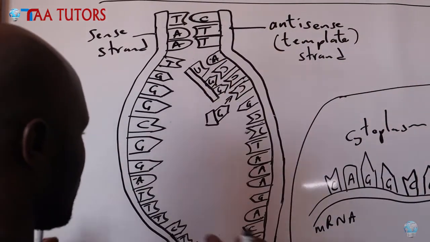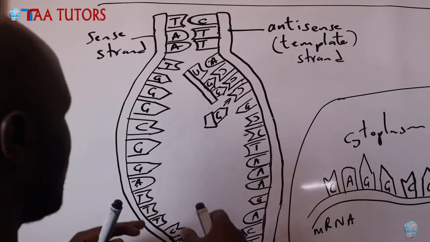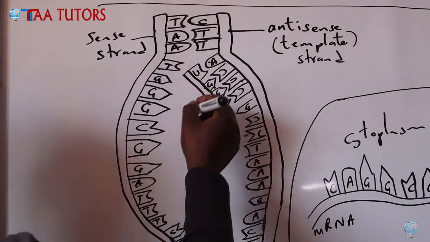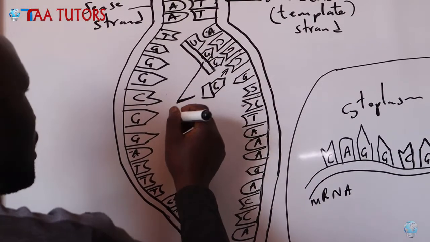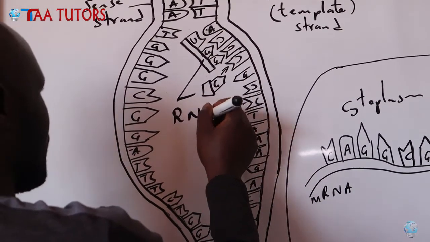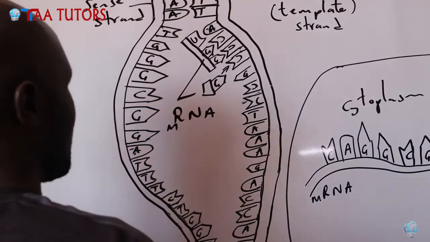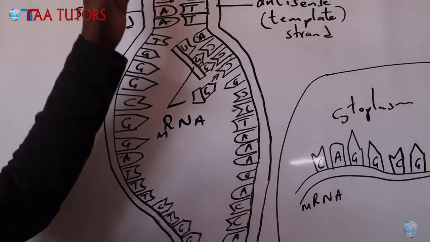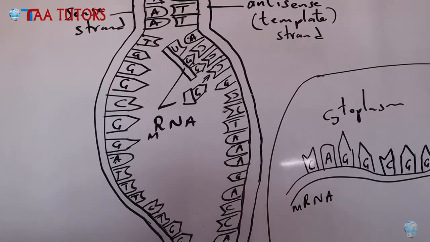You can see that the first thing that has happened is that the DNA has unzipped. It is opened. This enables the RNA, in this case messenger RNA, to align itself on the template strand, like you can see how the bases are being aligned.